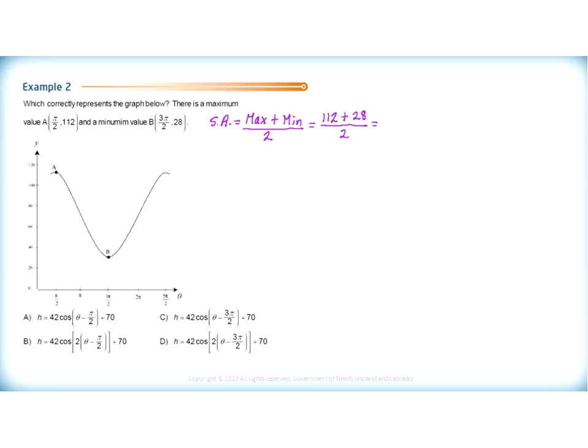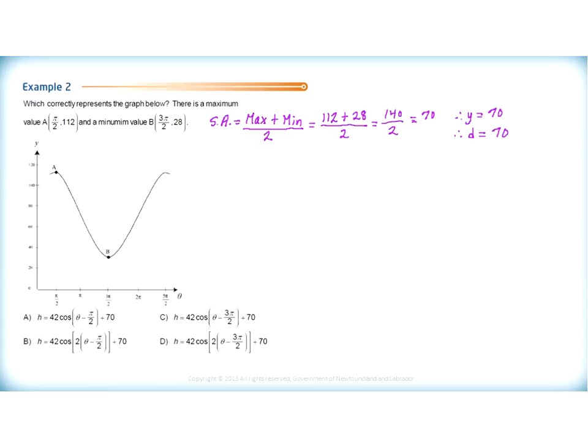So here we have 140 divided by 2, and the equation of the sinusoidal axis is y equals 70. That also gives us the value of the parameter d. So d will equal 70, and that is the equation of your sinusoidal axis.